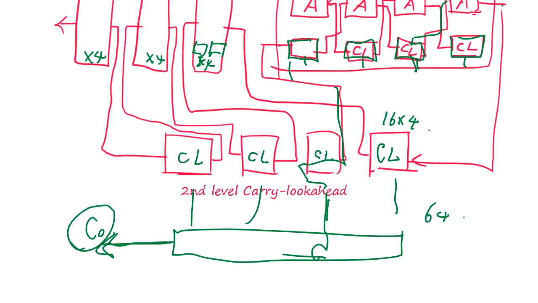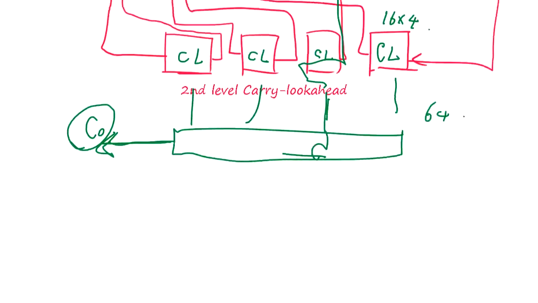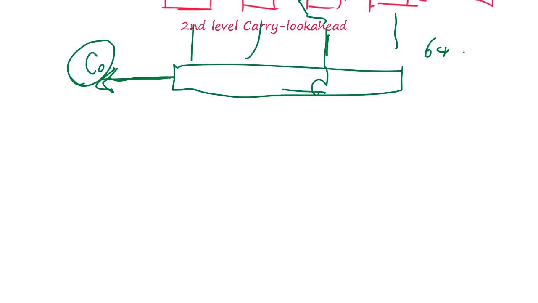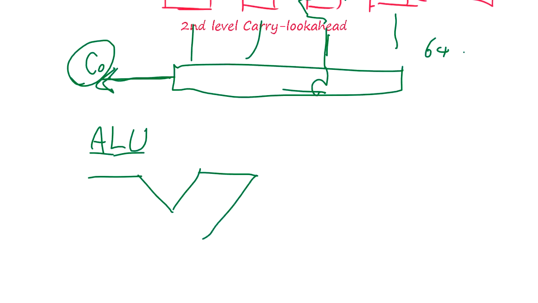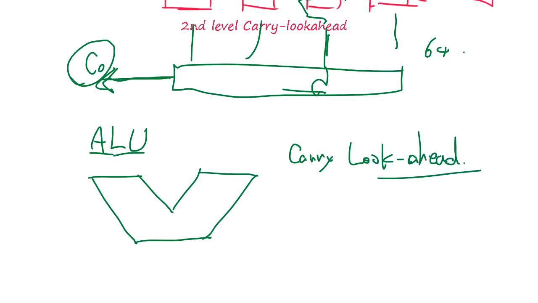Now, a typical CPU has an ALU, the arithmetic logic unit, and this does addition, and the worst-case delay is dictated by the carry-lookahead. And this is a well-known technique to speed up the CPU.